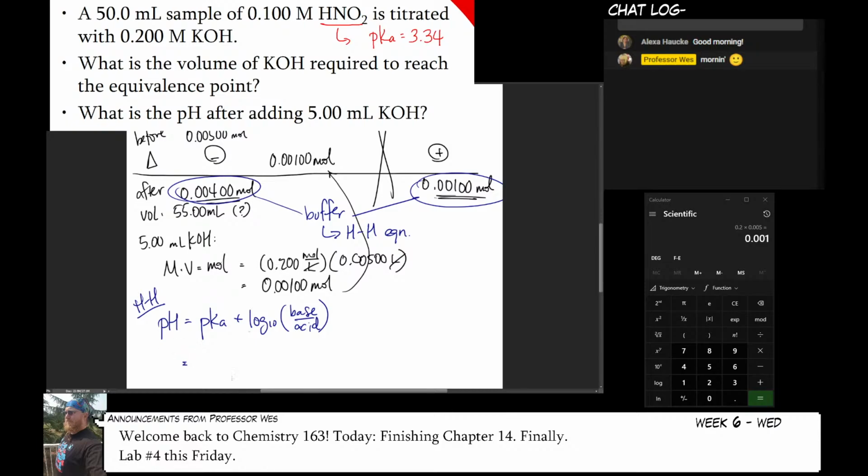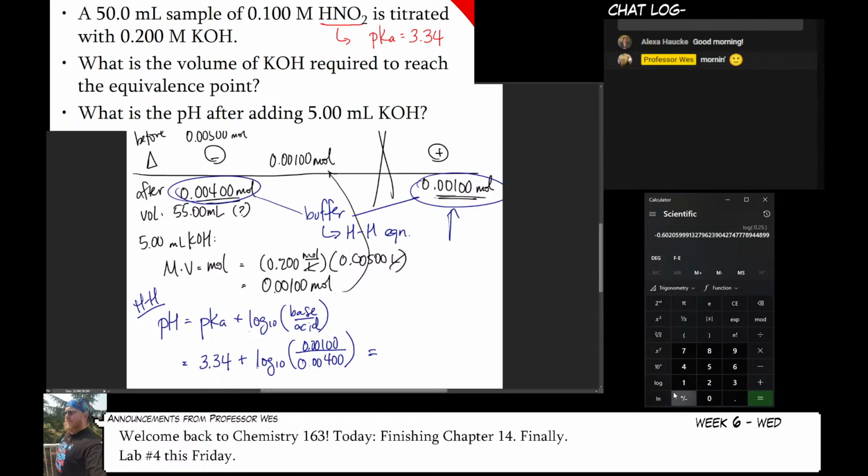And so that's going to be, we said the pKa was 3.34 plus log of, this is the base. I lost a 0 in there. We'll just do that. Over the acid, which was 0.00400. And so when I type all that in, 0.001 over 0.004, so that's what's in the log.